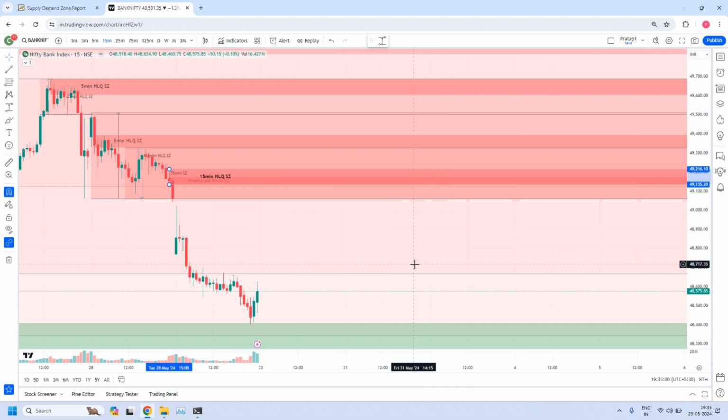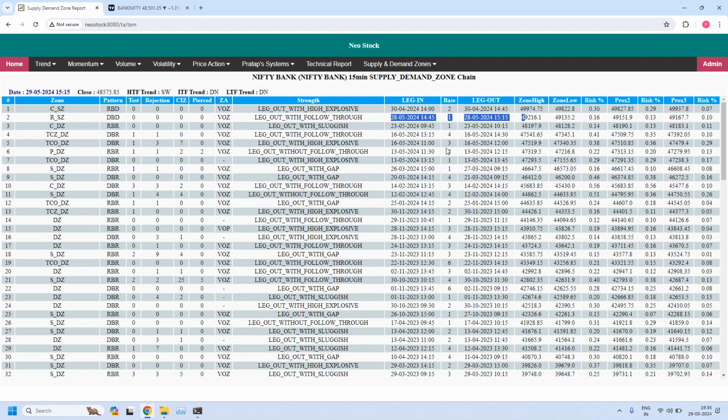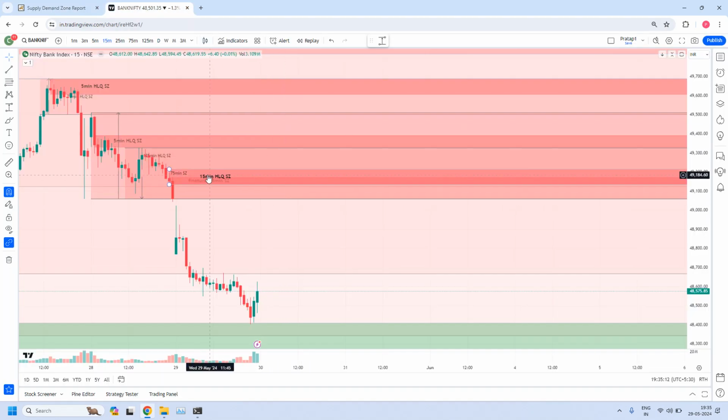Anyway, we didn't get the trades today. 28 May 14.45 is the leg candle. Let me check. Yesterday I didn't mark this as a high liquidity supply zone. Okay, anyway, no problem. Tomorrow if we get trade opportunities, it definitely has a fine-tuned 5-minute supply zone. We can plan the short trade opportunities.